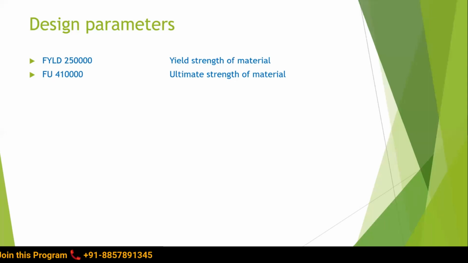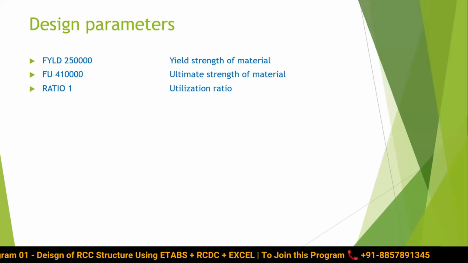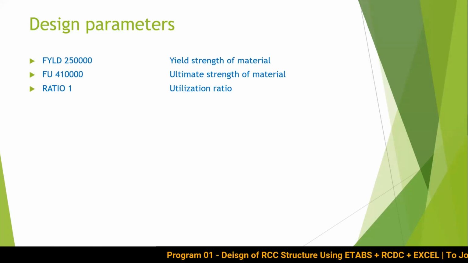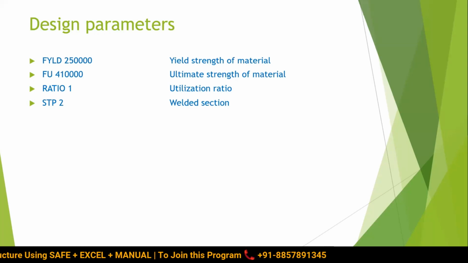If we have steel 415, we have to define FYLD and FU. Ratio: if we want our members' utilization to not be more than 1, then we define the RATIO command as 1. STP: if we are using welded sections, this value is 2 or 1, depending on the type of section, whether it is a hot rolled section or not.